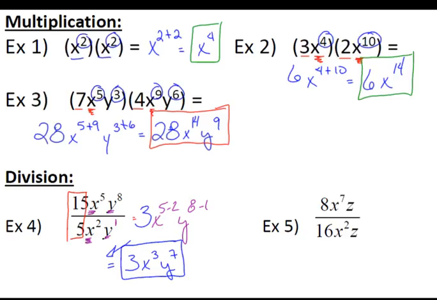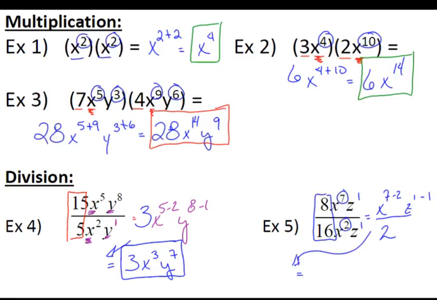On my next example here, 16 does not go into 8 evenly, so I just need to reduce my fraction. So I have 8 over 16. That's going to reduce to 1 over 2, so I'm going to place my 2 on the bottom. On top here, I'm going to have x, and I have 7 and 2, so I'm going to have 7 minus 2. Then I have z to the first minus z to the 1 minus 1, because they're both understood to have a 1 here.